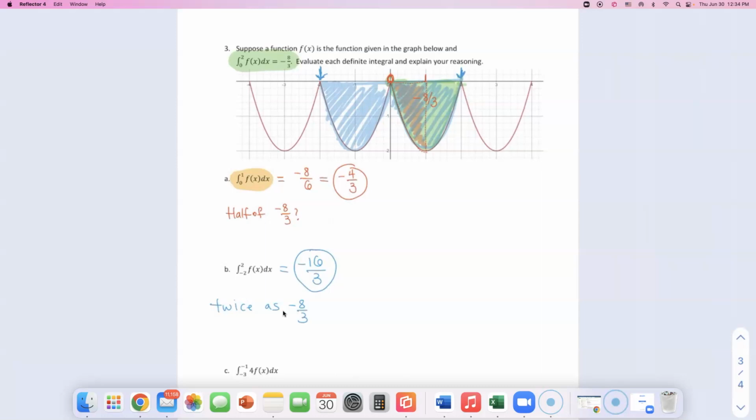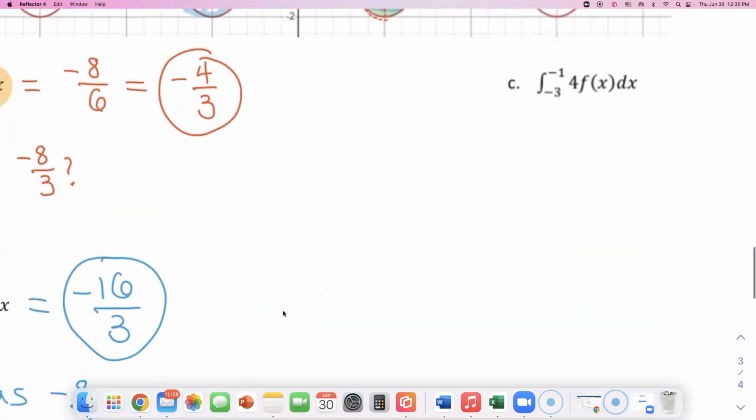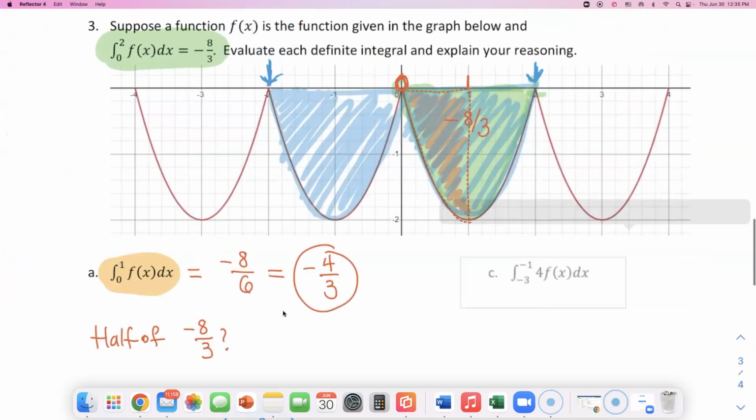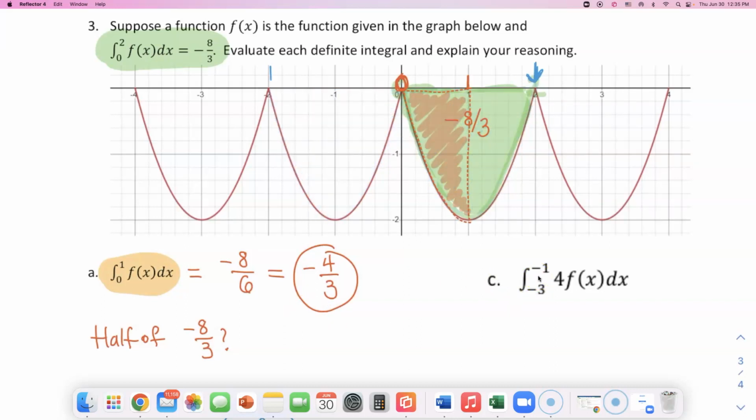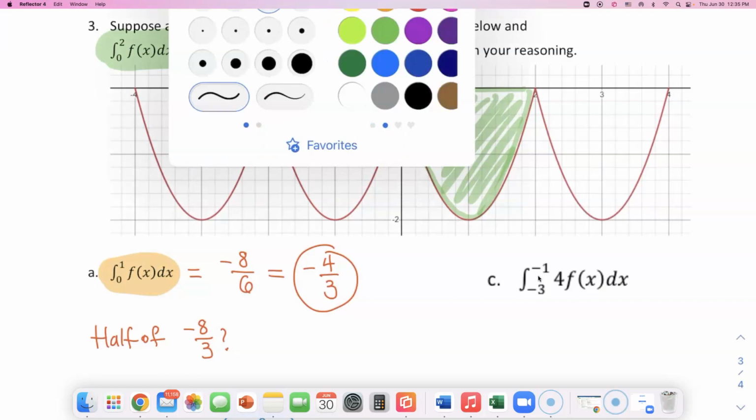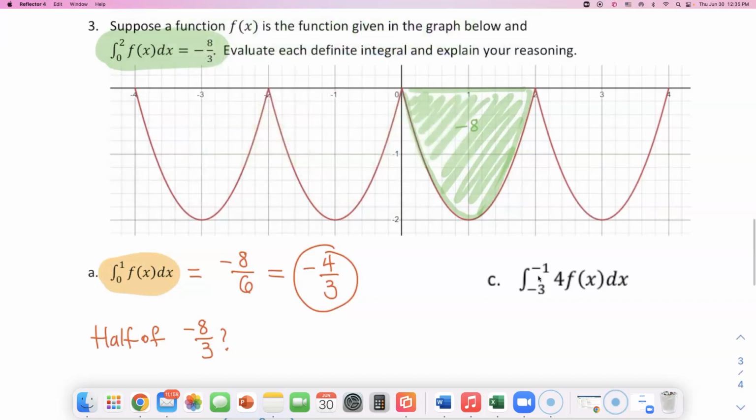Or let's do the very last one. Oh, interesting. Let me just bring it up here. I think that's the last one. Okay, so for part C, we are going from negative 3 to negative 1. I'm going to erase some of these pictures, the colors, because it was confusing me with too many colors going on. We know this is what they gave us, that was negative 8 over 3.